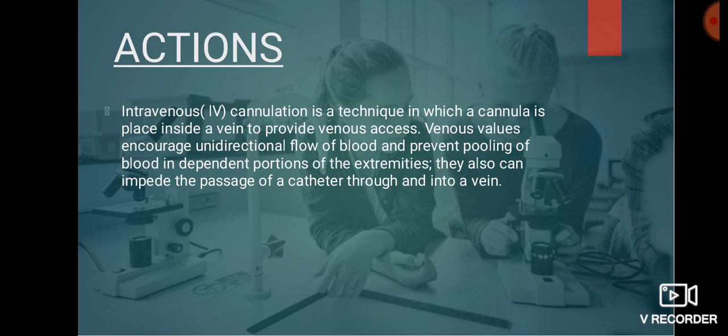Venous valves encourage unidirectional flow of blood and prevent pooling of blood in dependent portions of the extremities. They can also impede the passage of a catheter through and into a vein.